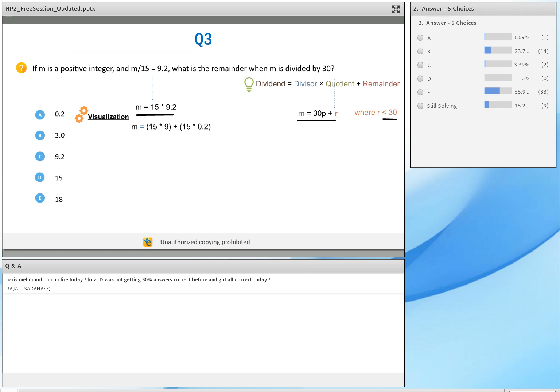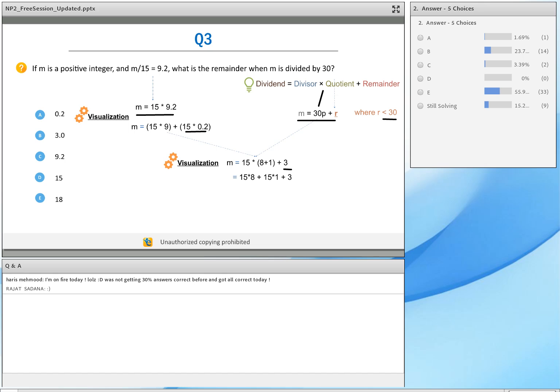Now, 15 times 9 we know is not divisible by 30. So we further break 9 into 8 plus 1. We say 15 times 8 plus 1, plus 3. 15 times 0.2 actually gets us 3 over here, which is where this 3 comes from.